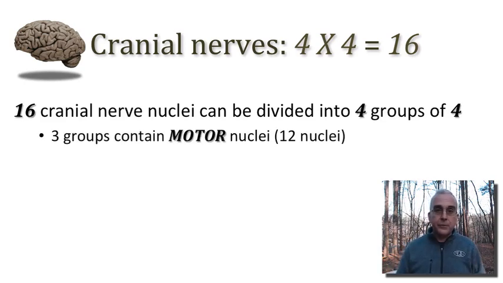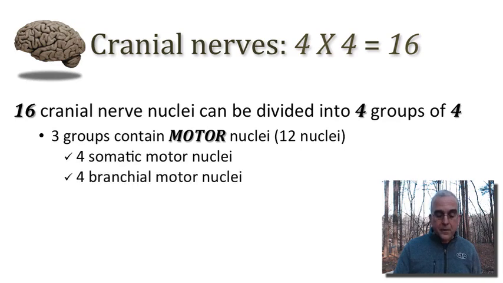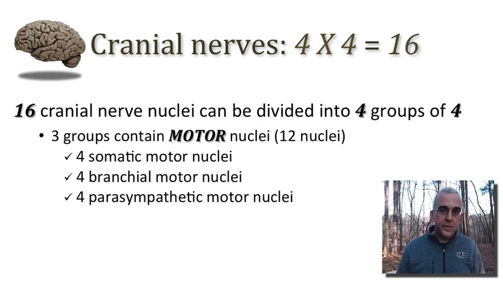3 of these groups are motor nuclei, so that accounts for 12 of the 16 nuclei. There are 4 somatic motor nuclei, 4 branchial motor nuclei, and 4 parasympathetic motor nuclei to talk about.